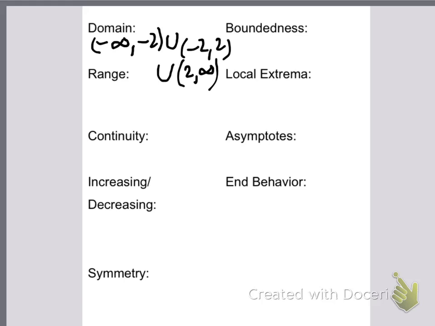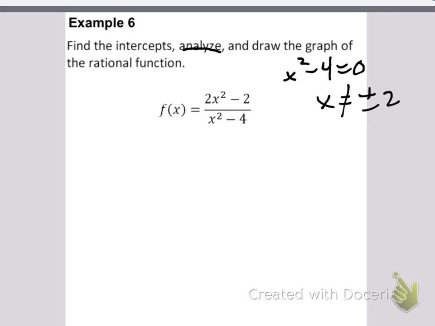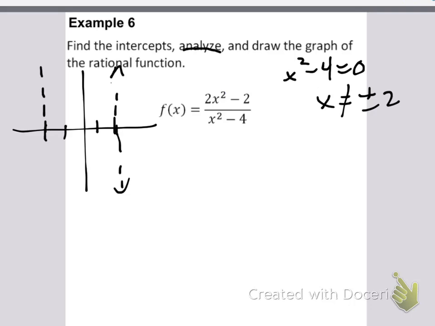Now the range. The only issue with the range here is when you graph this. First of all, you're going to have vertical asymptotes at 2 and negative 2, and you're going to have a horizontal asymptote at 2.